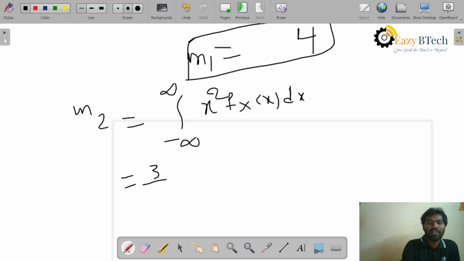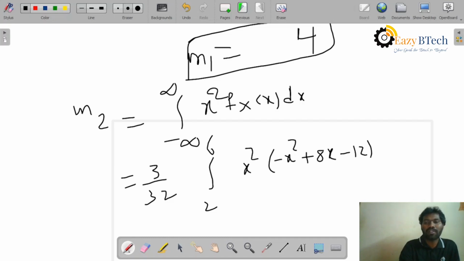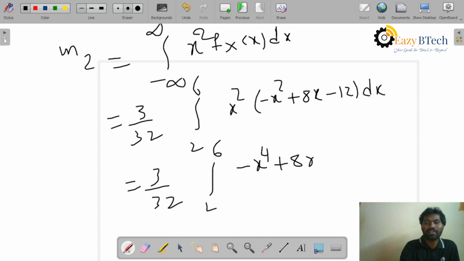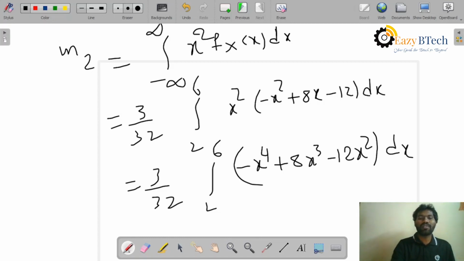So what I will write is 3 by 32 integral 2 to 6, x square into minus x square plus 8x minus 12 into dx. Then it becomes 3 by 32 integral 2 to 6 of minus x power 4 plus 8x cube minus 12x square into dx. Now I will do the integration.